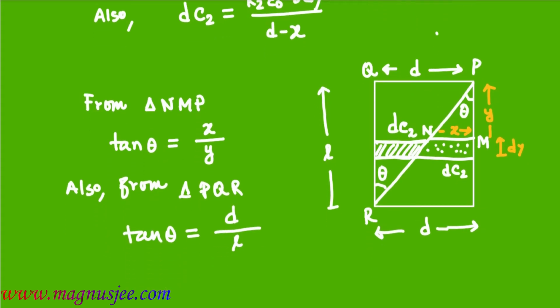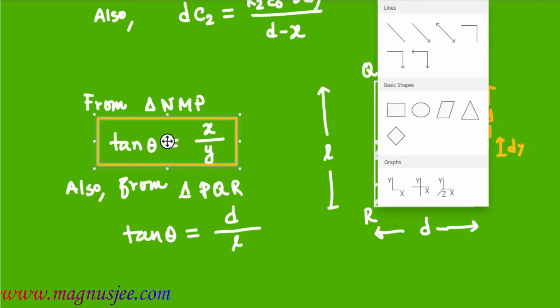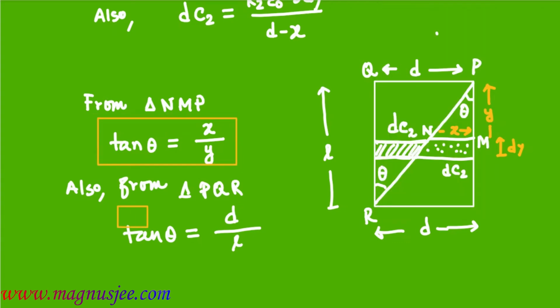If we compare the two values of tan theta, x by y and d by l, then we get x by y equal to d by l.